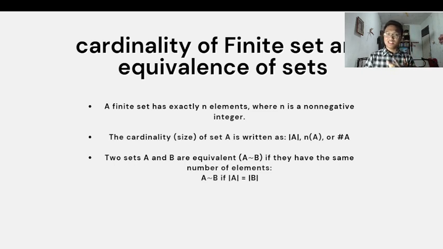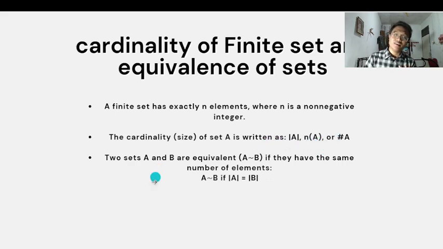A finite set is a set that has exactly n elements, where n is a non-negative integer. And then the cardinality or size of a set A is written like this: |A|, n(A), or #A. This is how we write the cardinality of set A.